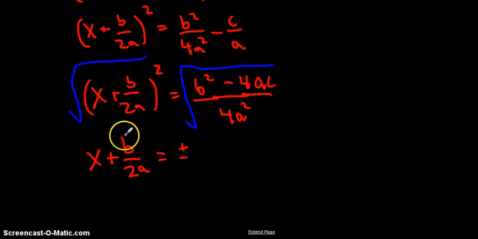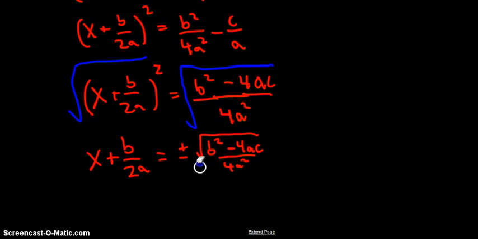Having 4 of them doesn't change anything. It's the same as having only 2, so it doesn't make a difference. So that'll be the square root of b squared minus 4ac over the square root of 4a squared. So this radical actually goes all the way down.